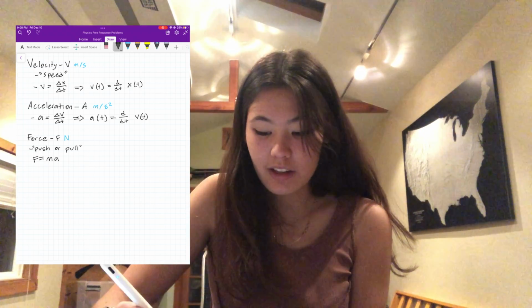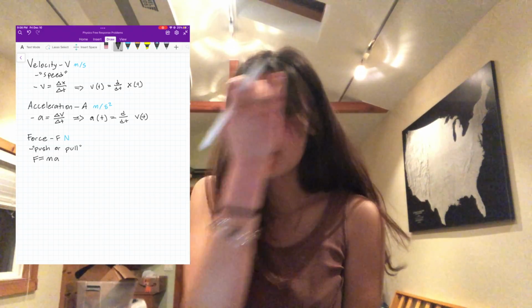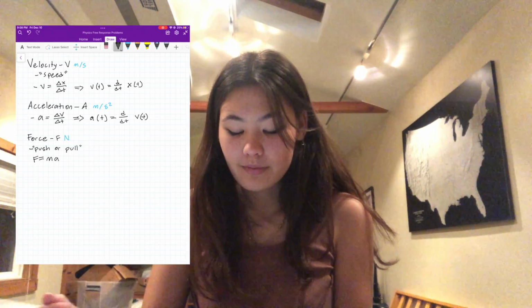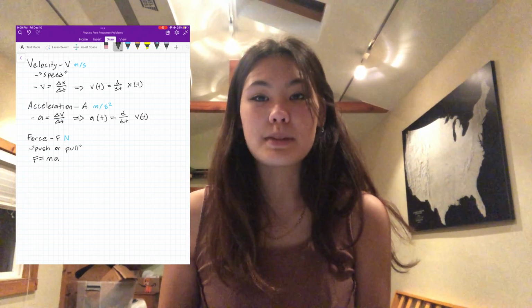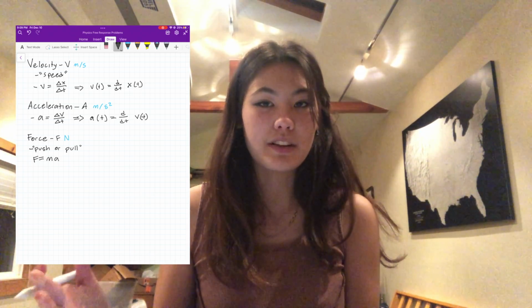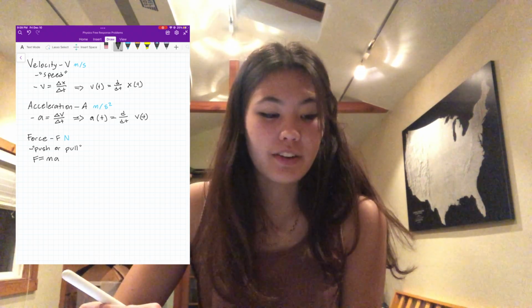If mass increases, then the force needed to move that object increases. And then likewise, if we have an object and there's more force exerted on the object, then we have a greater acceleration. And force is also a vector, meaning it has magnitude and direction.